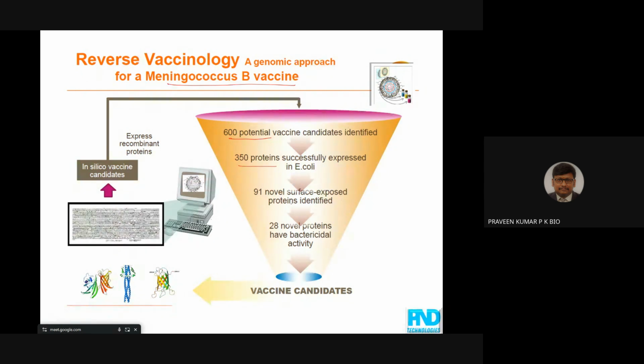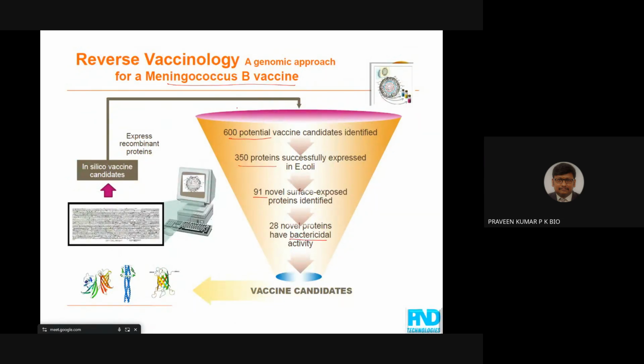Later, the next step was to look for surface receptors. Only 91 novel proteins were identified from the 350. The next step was checking for bactericidal activity.